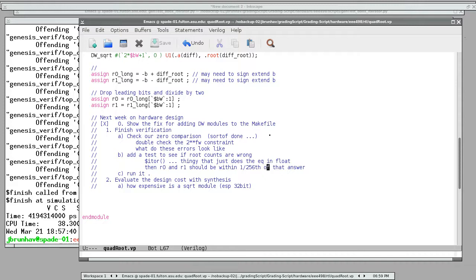Or, you know, 2 to the FW of that answer. And then run it. So these could be overflow scenarios where the root is really large, but I doubt it because we're iterating over small numbers. Because I think the way that this should work is that it is only large if those two parameters are large. But you know, we'll play around with it.